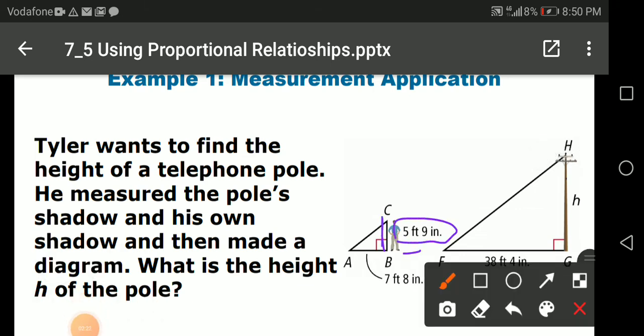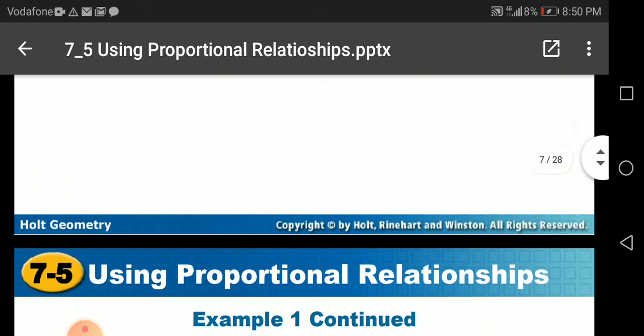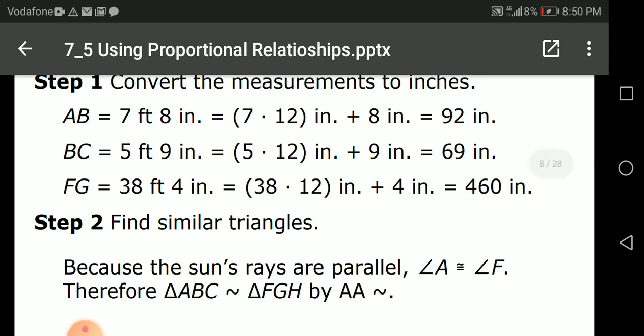I want to convert the feet into inches. 5 multiplied by 12 plus the 9 inches gives you the length in inches. 5 times 12 gives you 60, and you have 9, so it's 69 inches. What about FG? FG also, after conversion, will be 460 inches.